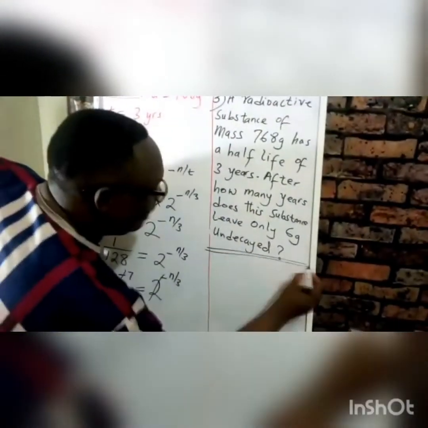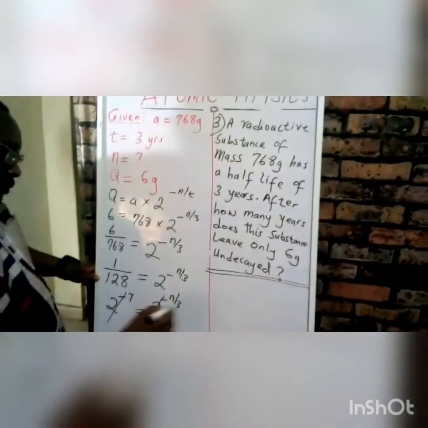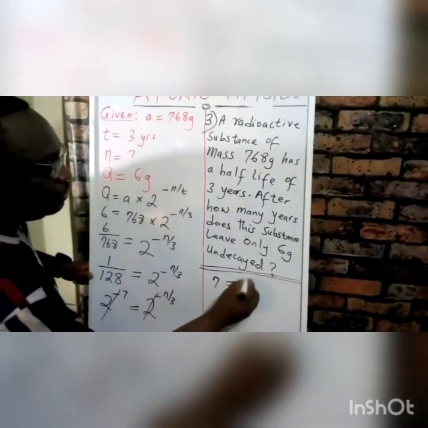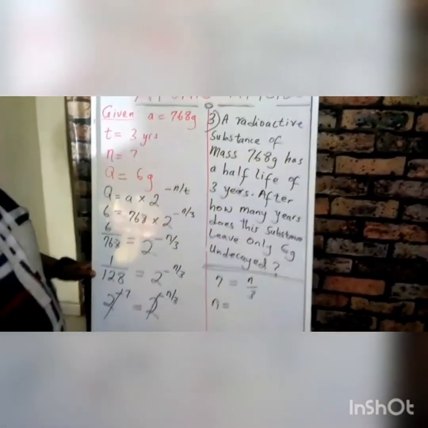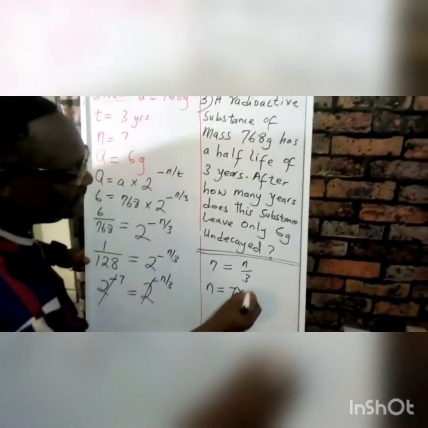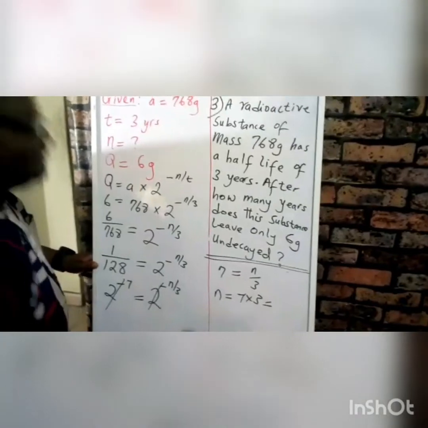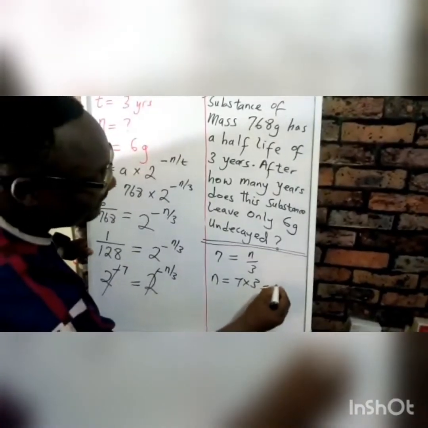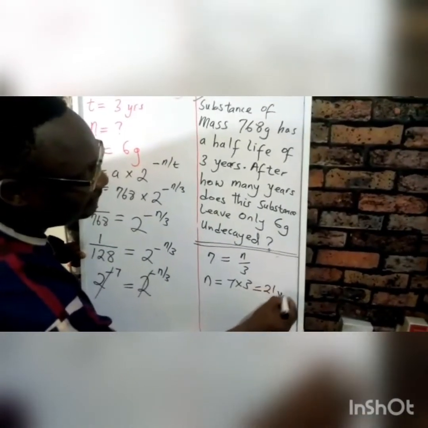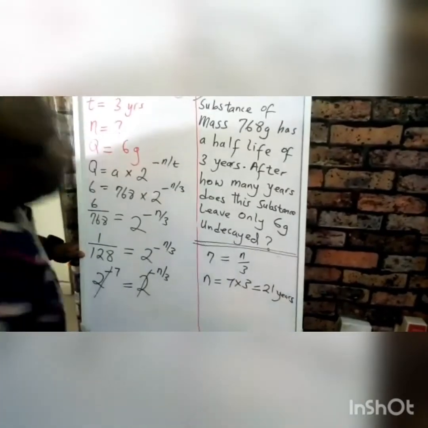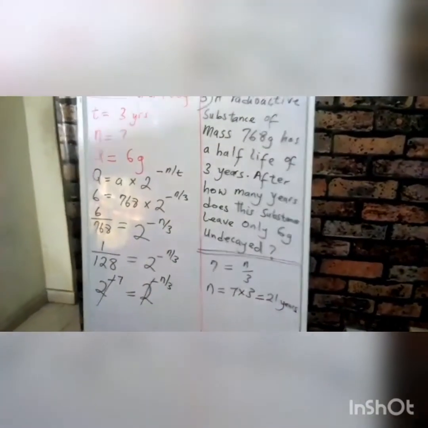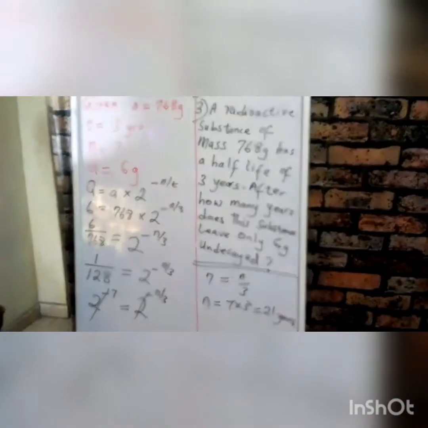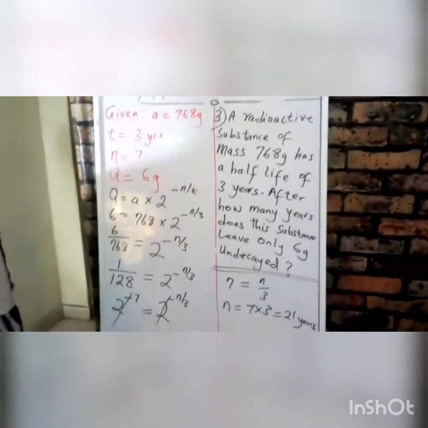And we're going to have at this point, 7 is equal to N over 3. So the required time will be 7 times 3, and that is 21 years. It's going to take 21 years for this particular radioactive source to decay to 6 grams from 768 grams.